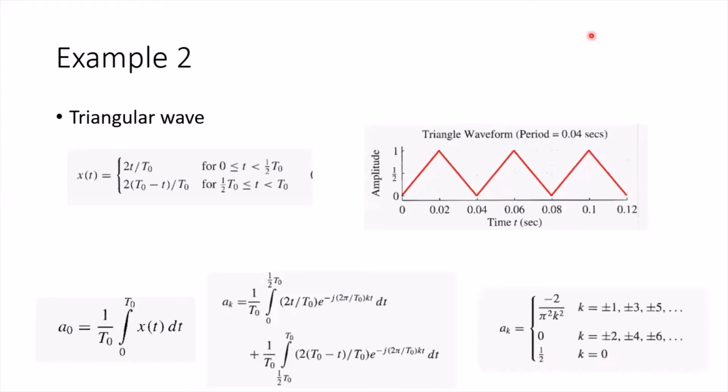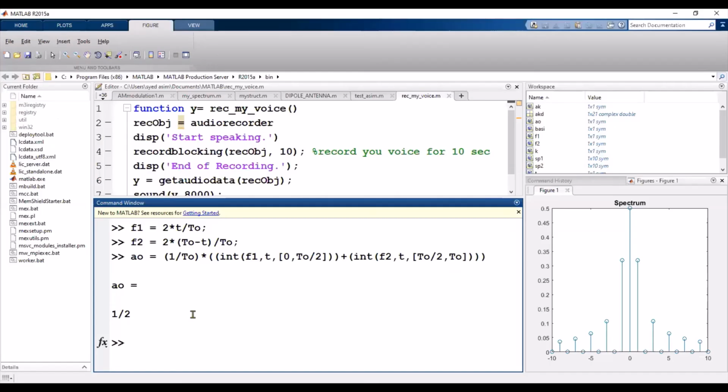Now I want to calculate AK. Again, what we need to do is that basically we change the A naught. What I need to do is simply change K. Here we have F1 multiplied by the exponential term, and again for the F2.